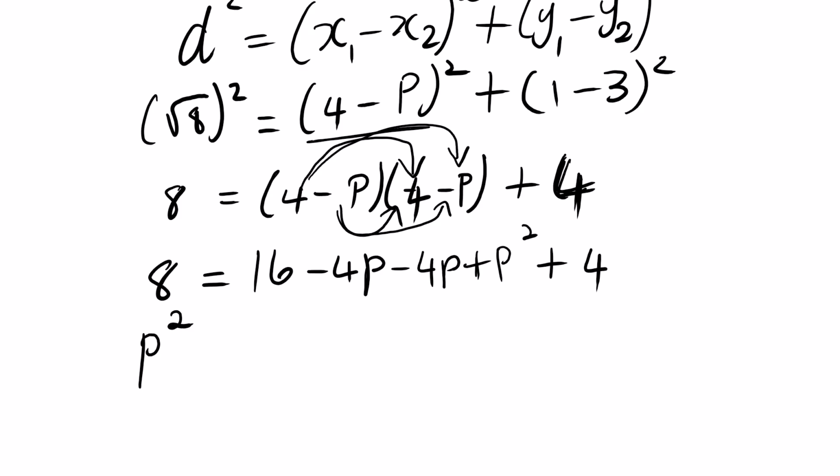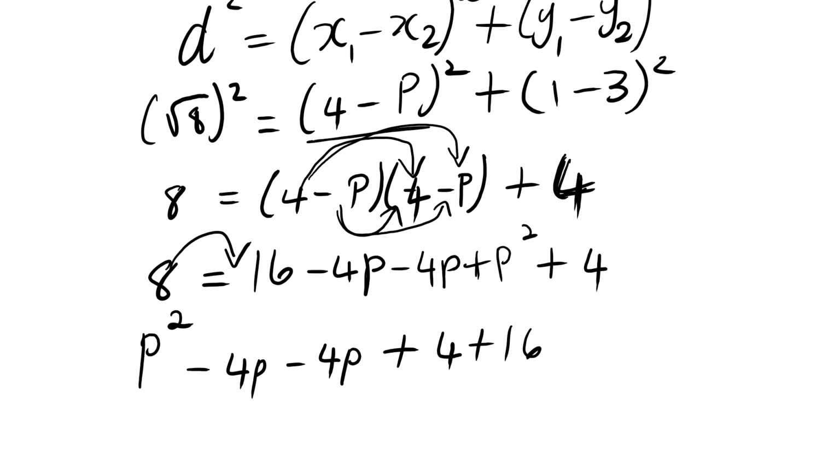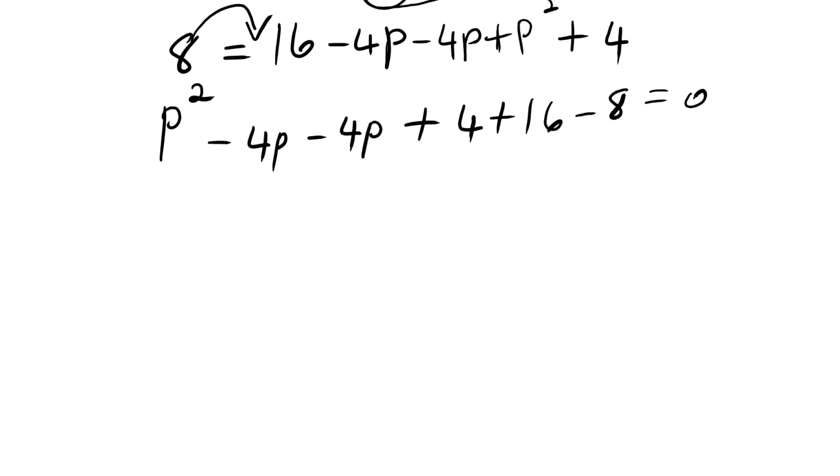We have p squared. We're trying to rearrange. Negative 4p, negative 4p, plus 4 plus 16. I'll transpose this to this side, becomes negative 8 is equal to 0. p squared minus, we have like terms, a term which has p raised to the power 1, it's this one and this one.